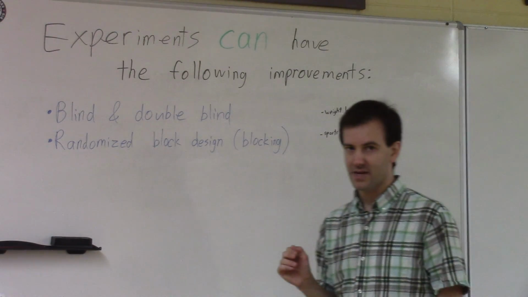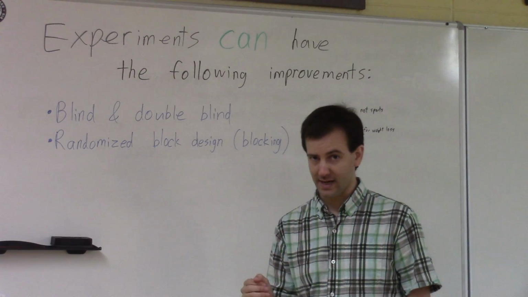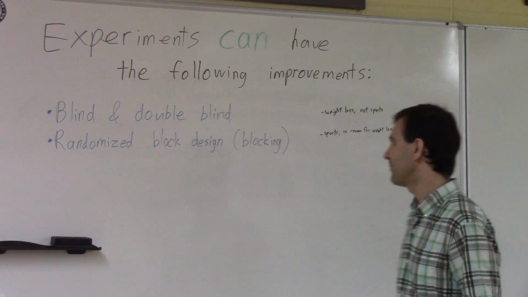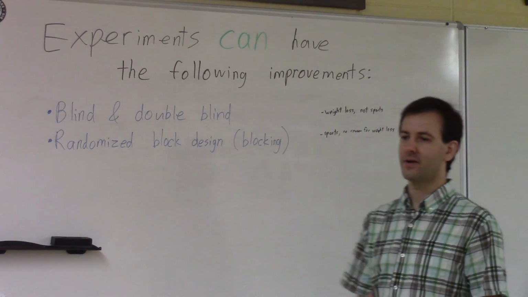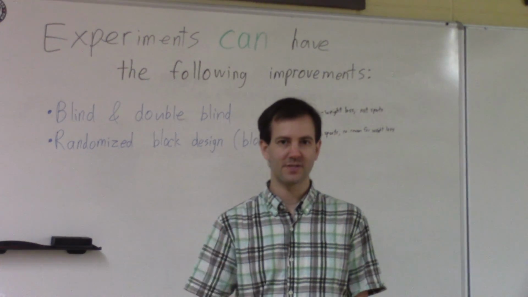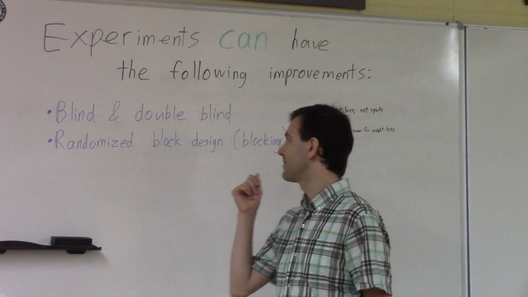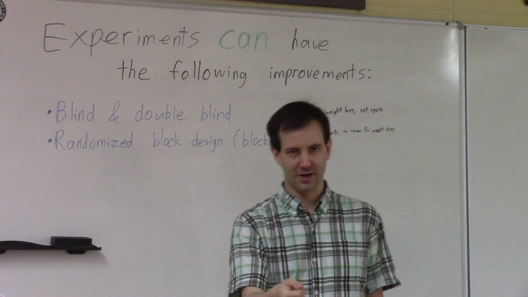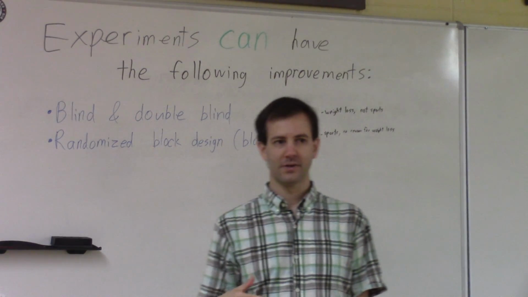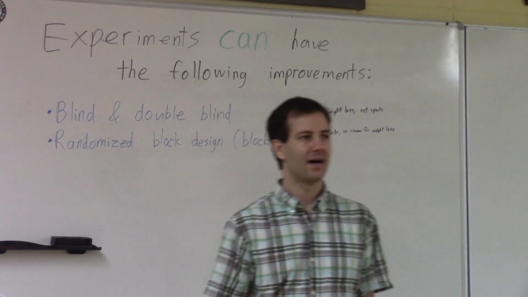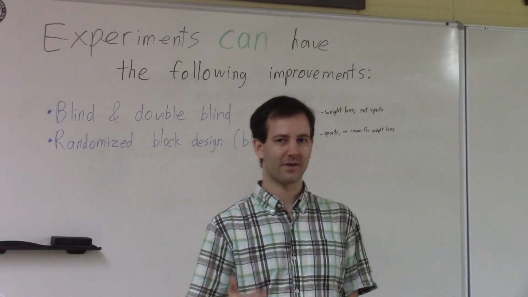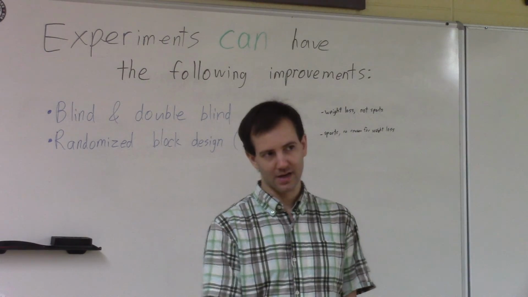Let's say I want to see whether a weight loss drug does indeed reduce people's weight. If I grab 40 people and give 20 of them, randomly chosen, the actual weight loss drug, and 20 of them I give nothing, and I say, I want to see how you do in another 3 months, and then send them out with the drug or without the drug, half of them know they're getting treated with the weight loss drug.